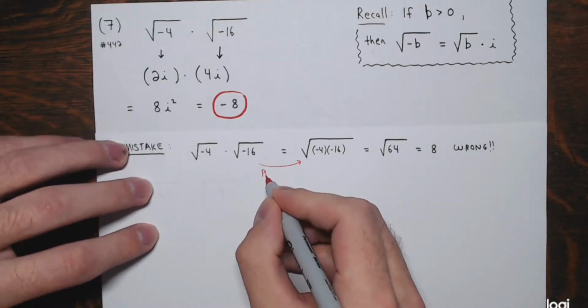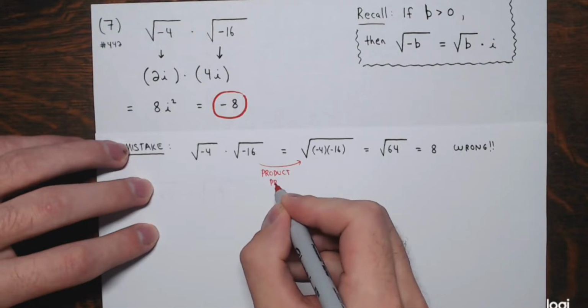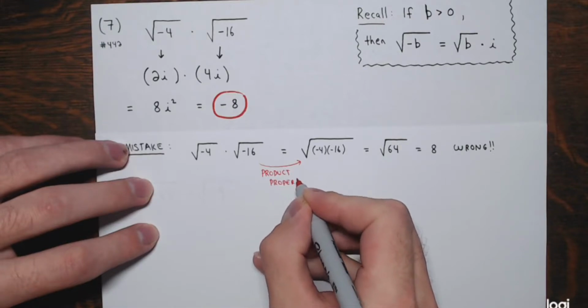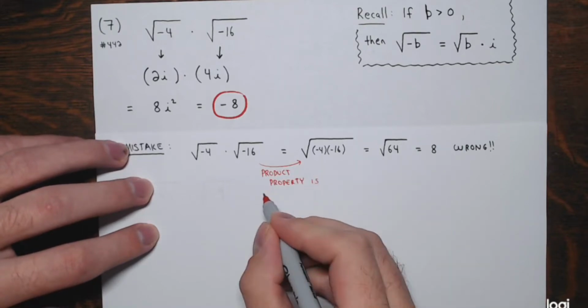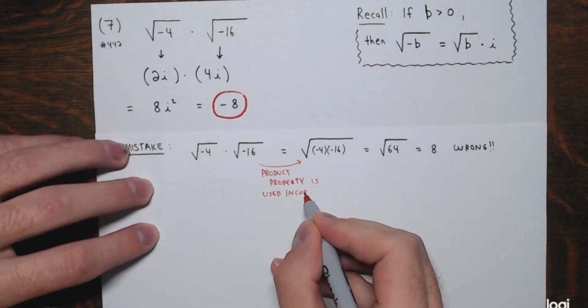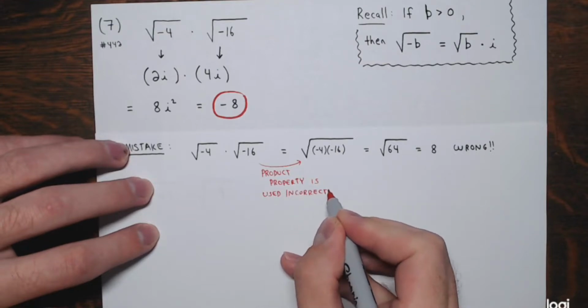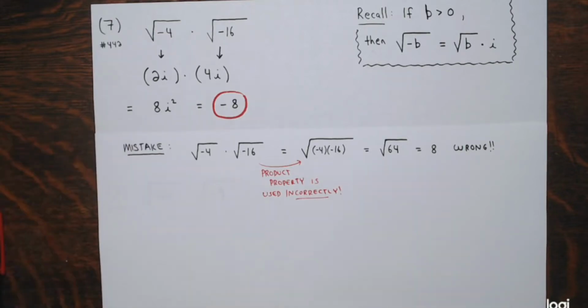They used the product property for radicals. The product property here is used incorrectly. So one more little recall here.